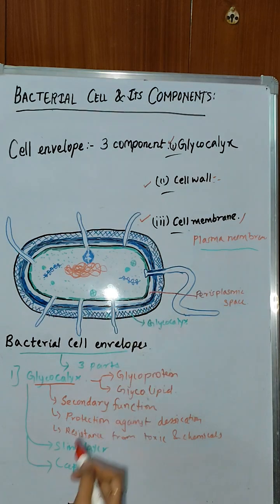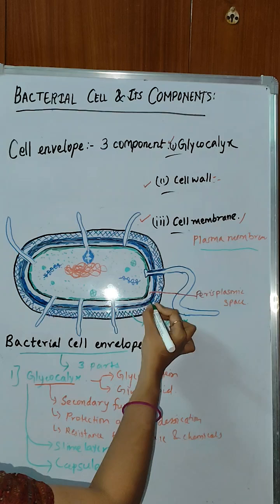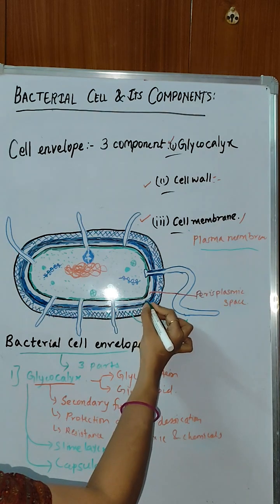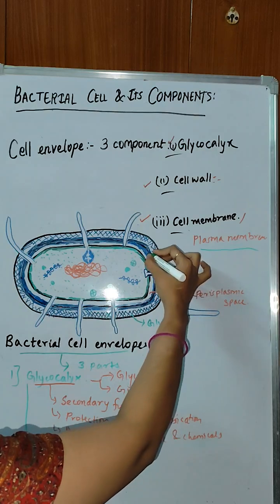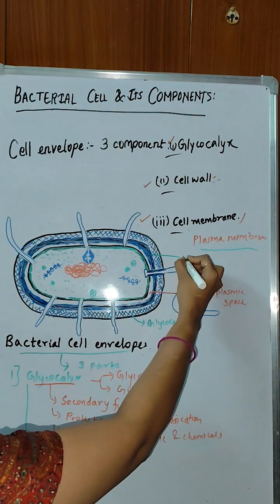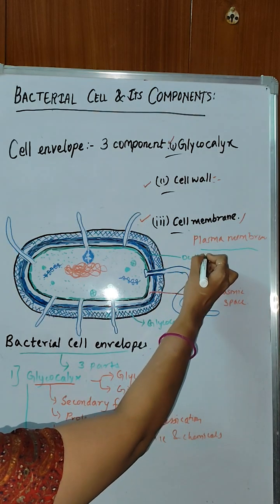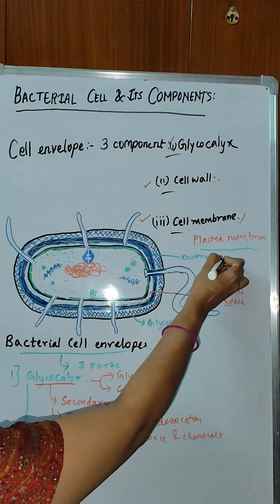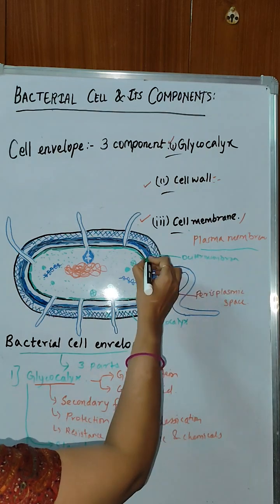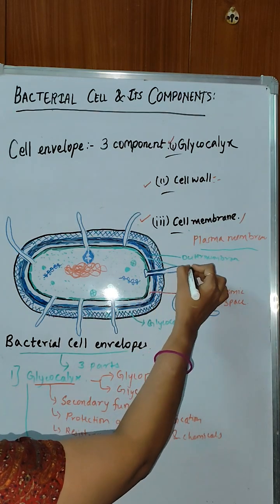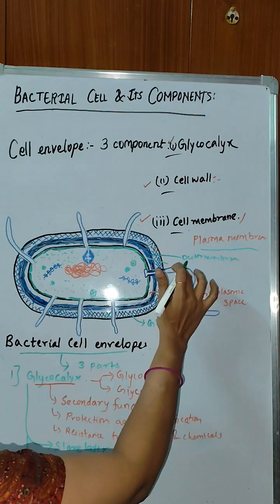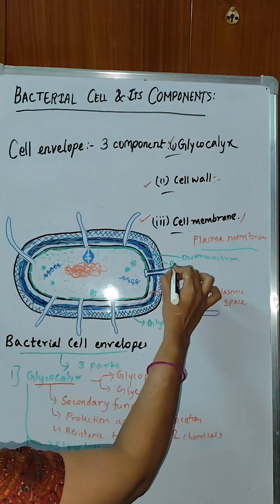The cell wall also consists of two parts. The outer membrane, now you can see outside this black color boundary, this blue color I have shown here, this is the outer membrane, and the inner one is peptidoglycan.